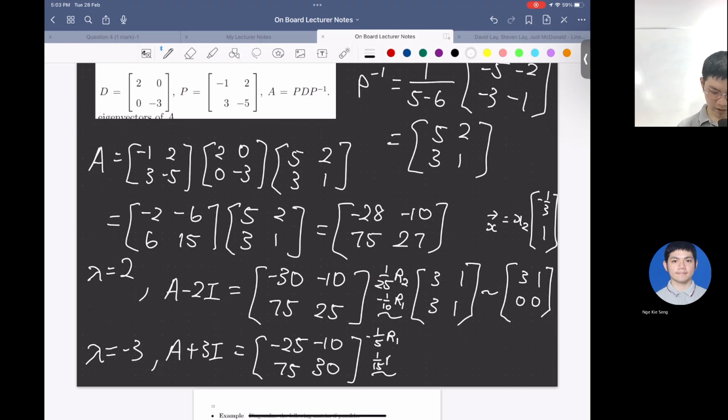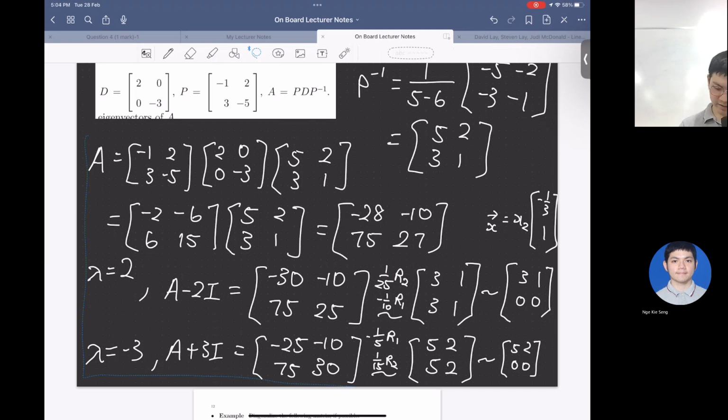So first row you get 5, 2, and then second row you get 5, 3. Okay, so this is row equivalent to 5, 2 again. This one makes sense. So 5, 2, 0, 0.